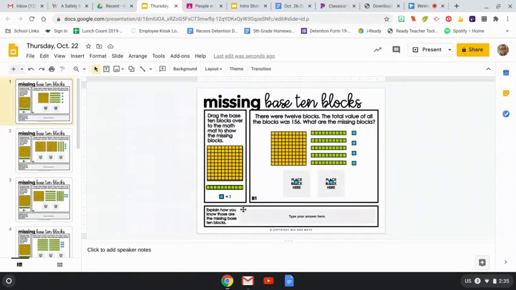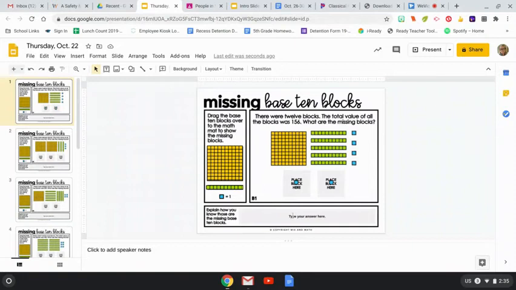Check. And I'm also going to check to make sure that the value equals 156. So 100, 10, 20, 30, 40, 50, 150, 1, 2, 3, 4, 5, 6. I have done both. I have 12 blocks, and all my base 10 blocks have the value of 156.